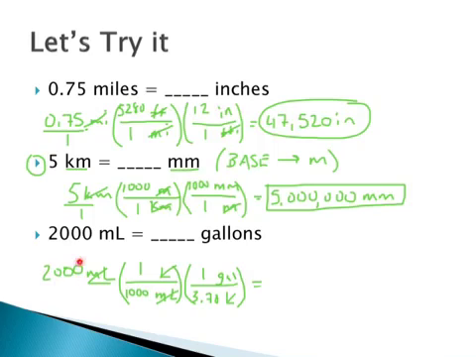You can take 2,000 times 1 times 1 divided by 1,000 divided by 3.78. Or do it in steps: 2,000 divided by 1,000, then take that answer divided by 3.78. Both processes should give you the same answer, and the answer you should get is 0.5291, or I'll just round it up to 0.53 gallons.